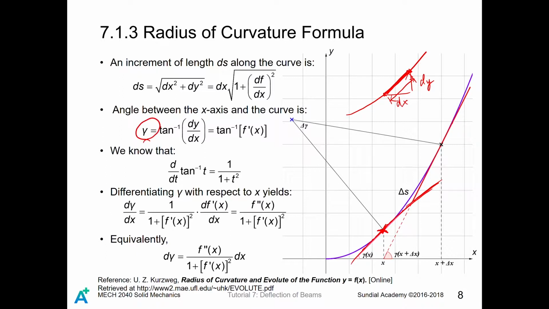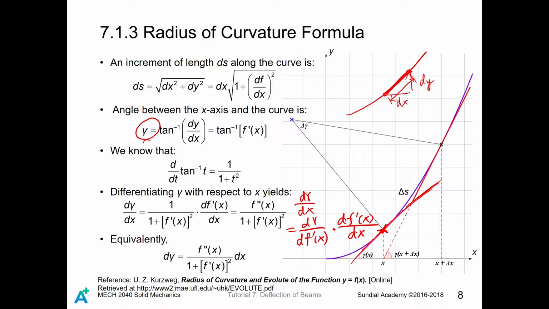Then, by using some differentiation techniques, we try to find the d gamma/dx. So we apply the chain rule that d gamma/dx equals d gamma/df'(x) times df'(x)/dx.